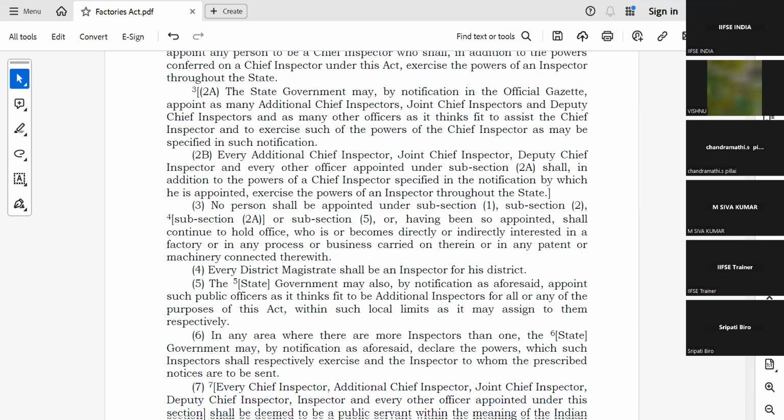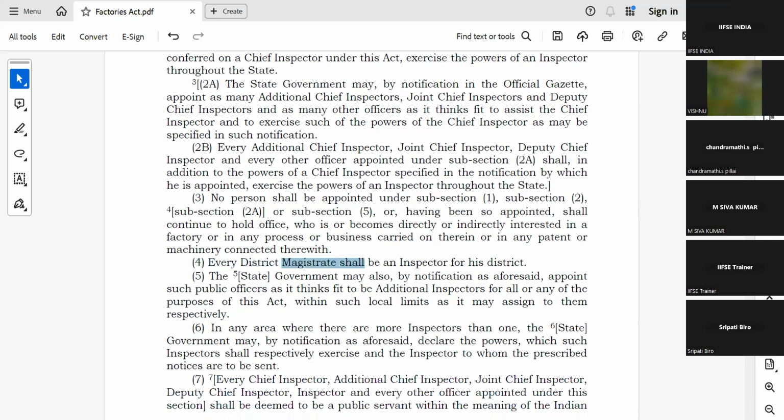And every district magistrate shall be an inspector for his district. So every district magistrate, which means the collector, has inspectorate for his district and can come and inspect anytime.